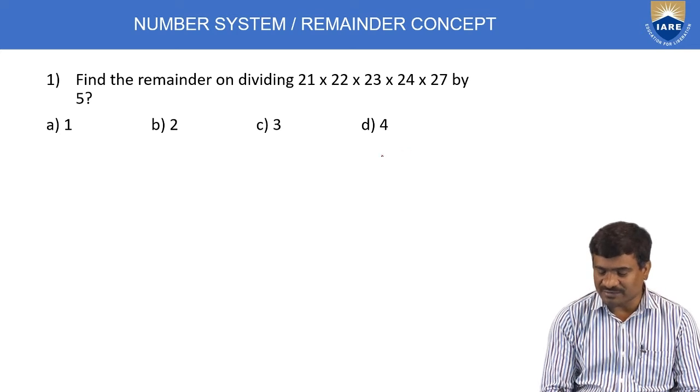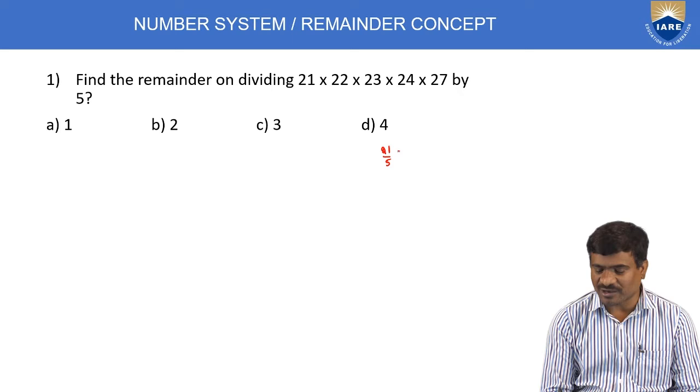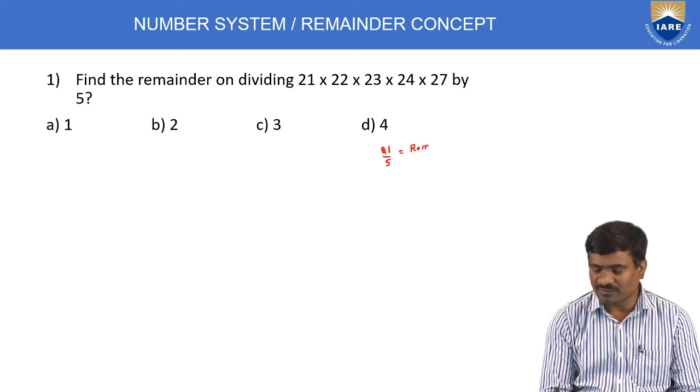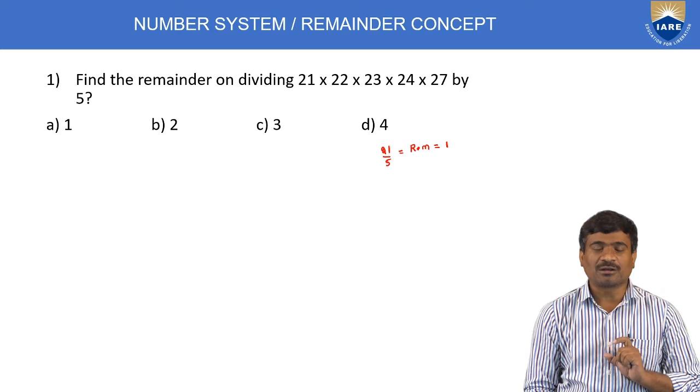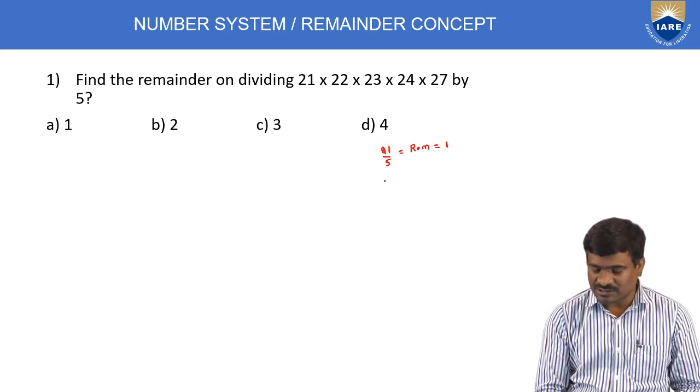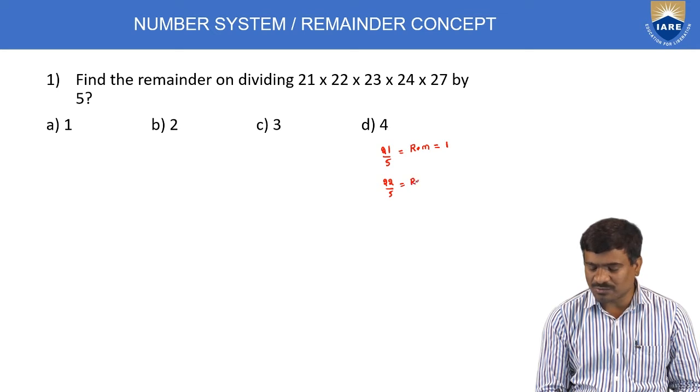Each number is divided by 5. That means 21 divided by 5. Consider only the remainder but not the quotient. 21 divided by 5, remainder 1. First calculate individual remainders but not quotients. Next 22 divided by 5, remainder 2.